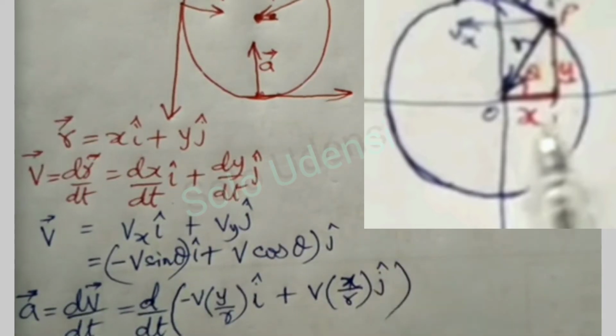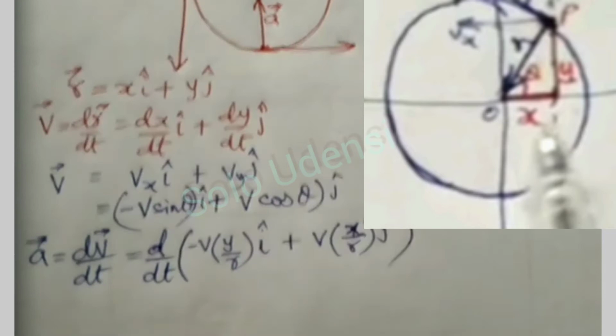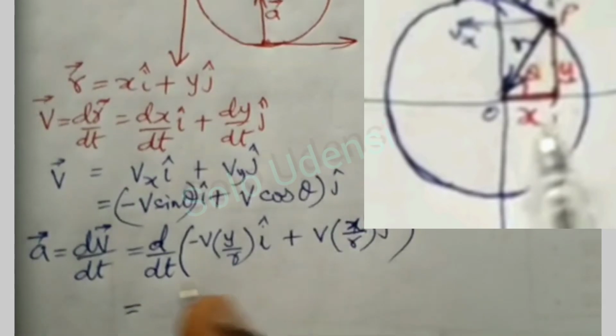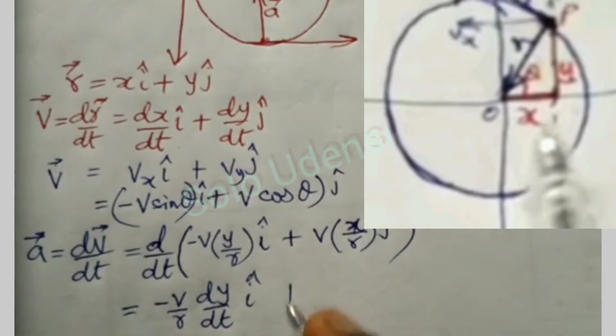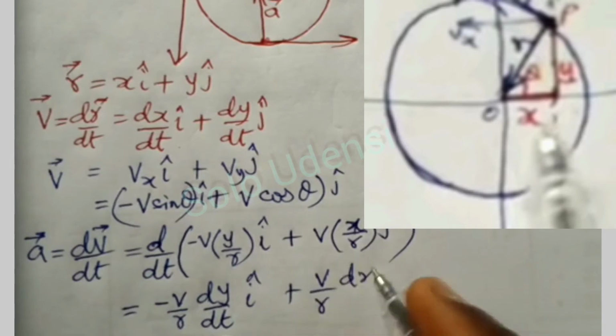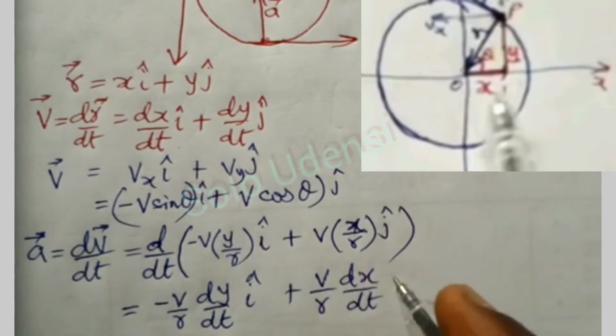So if we multiply through, we see that we have something like this: minus v over r dy over dt i plus v over r dx over dt j.